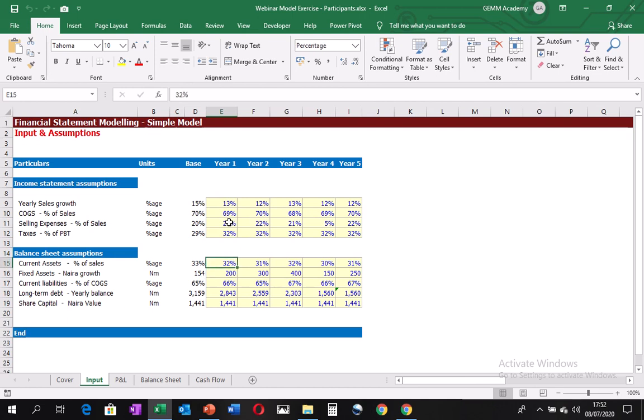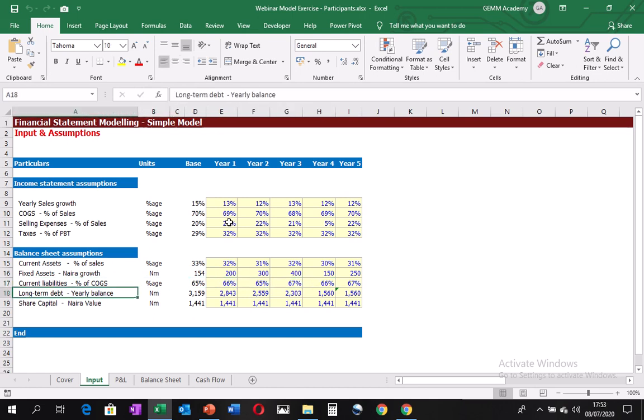Then we've got balance sheet assumptions, where current assets are also expressed on sales. Then we have fixed assets as the Naira growth, which means the purchased assets during the period are this. Then current liabilities are expressed as a percentage of cost of goods sold, so we are going to apply these rates on cost of goods sold.